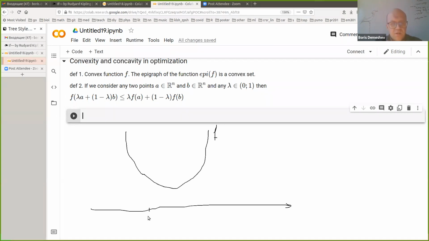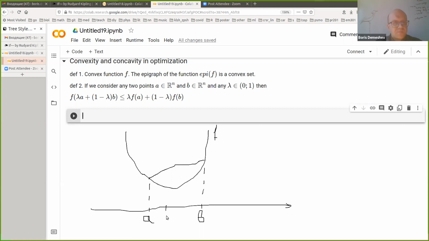I have two points, point A and point B, and this is the line between them.